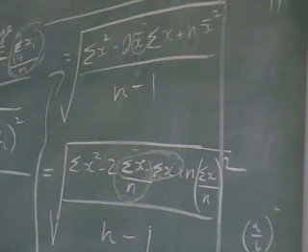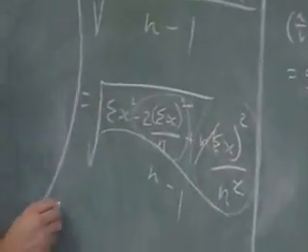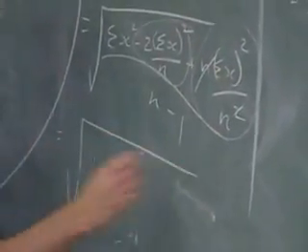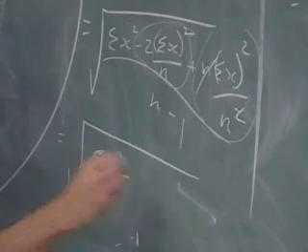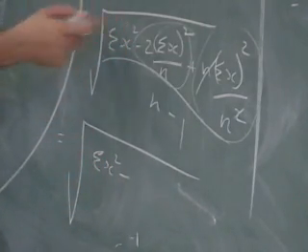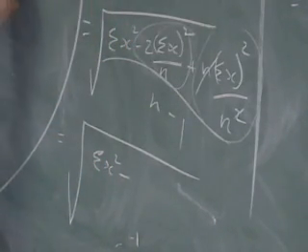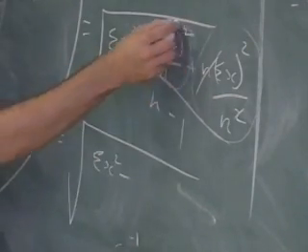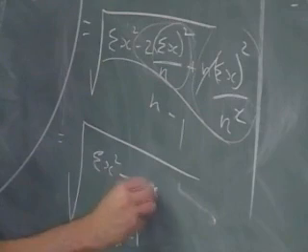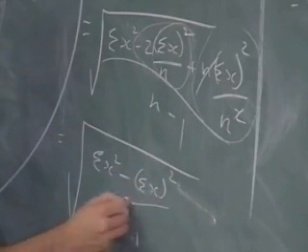This is minus 2 blah, and this is plus blah, where blah is sum of x all squared over n. So you can combine these two to give you sum of x squared minus, if you have minus 2w plus w, you're left with minus w. But what is w? W is sum of x all squared over n.